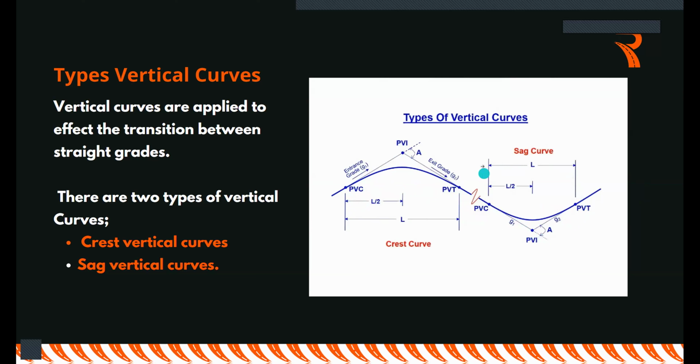But then there is something else here, the length of a sag curve. So we need to know the length of a crest curve here. So there's the length, PVC, PVT, exit grade. This will be a percentage because it's a gradient.